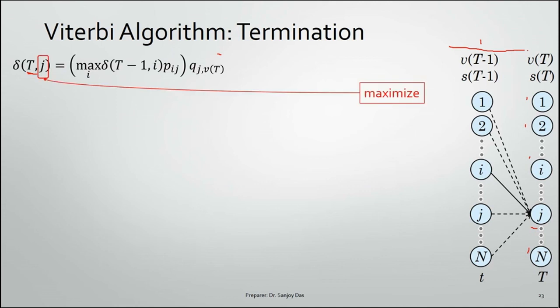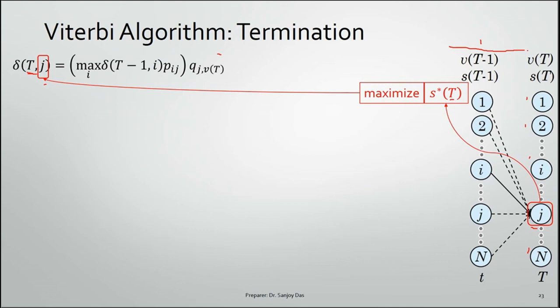What I would be doing is, in fact, extracting S star at time t, because each of these delta tj's is already maximized over the previous history, the state sequence until time t minus 1. Now, if I again maximize it over this j, then I will be accounting for the most likely state sequence until time t, and that's my S star.